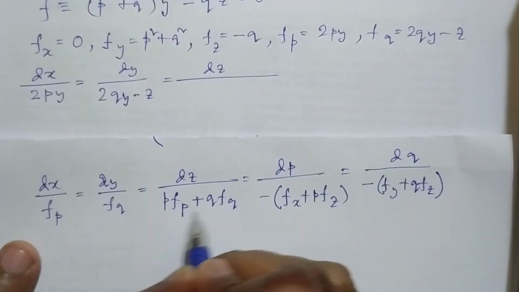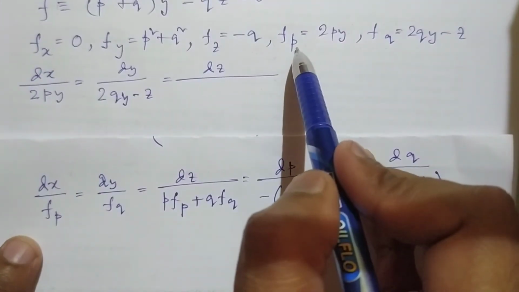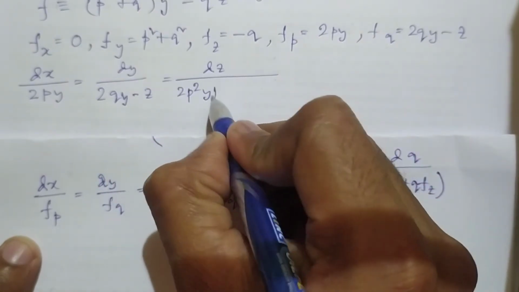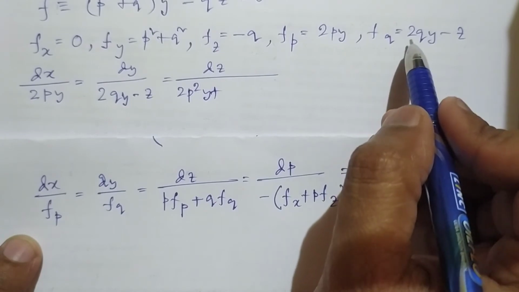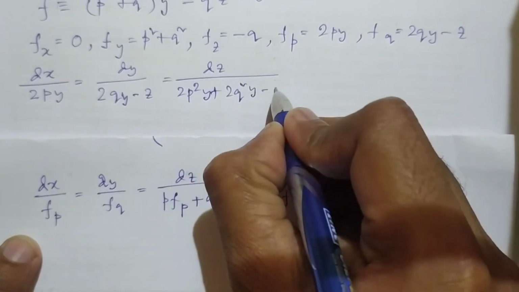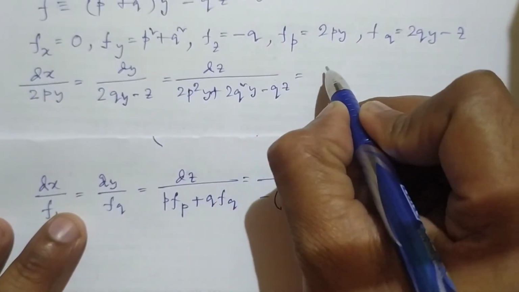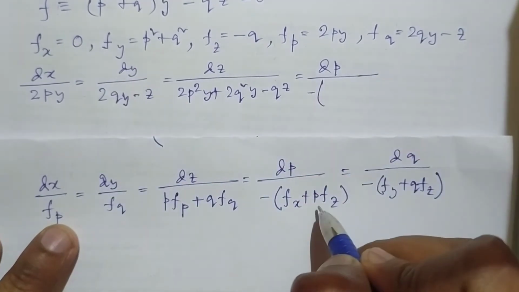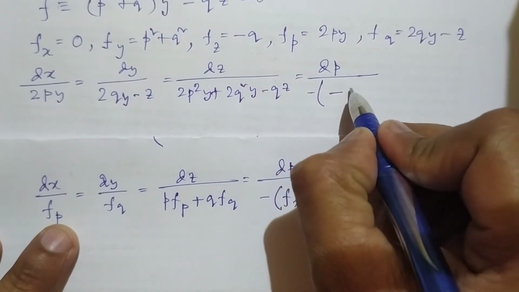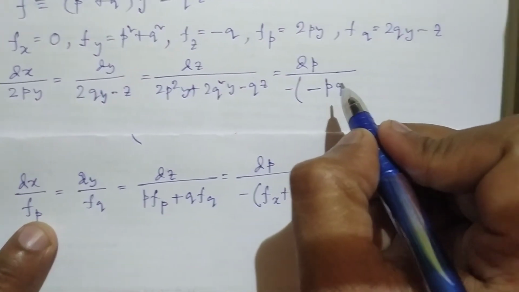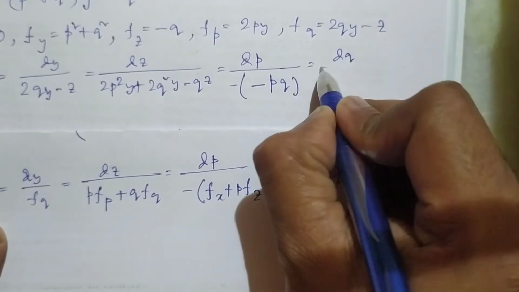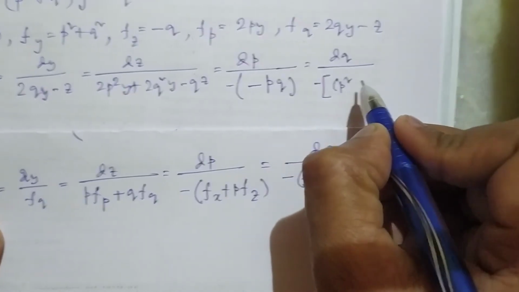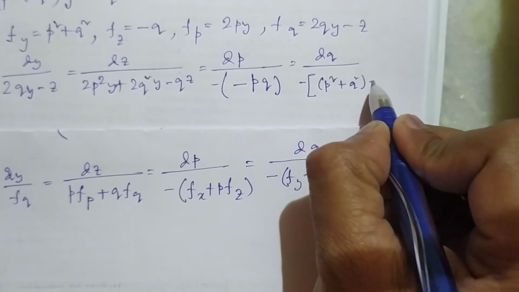Then dz over pfp + qfq, so 2p²y + 2q²y − qz, and dp over −fx − pfz, where fx is 0 and pfz is −pq, and dq over −fy − qfz, which is −(p² + q²) + q².